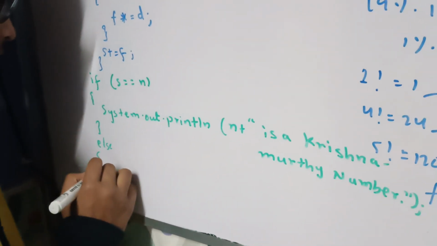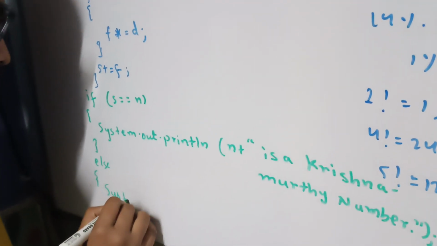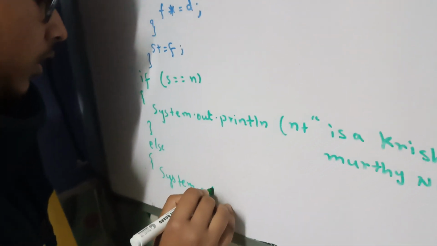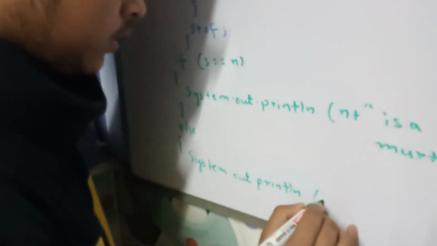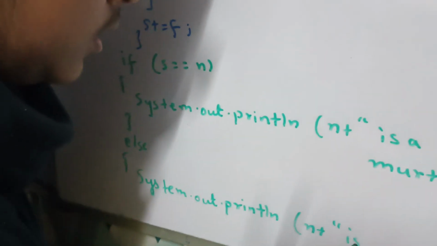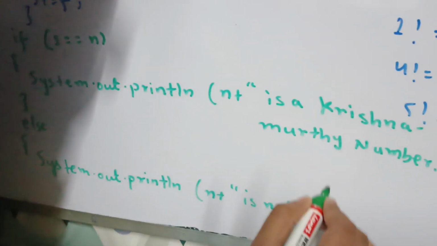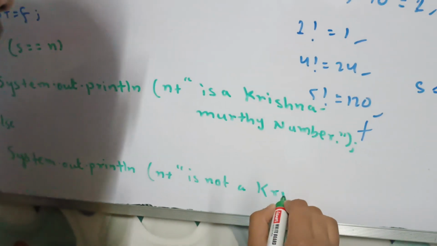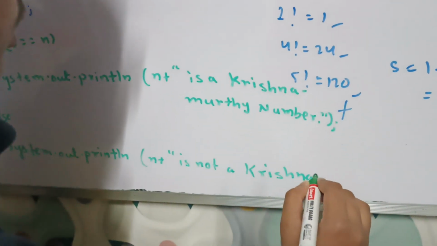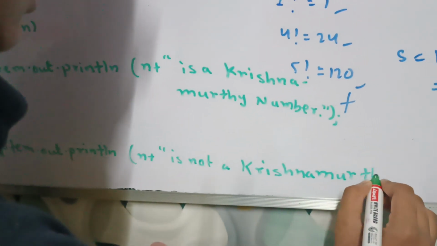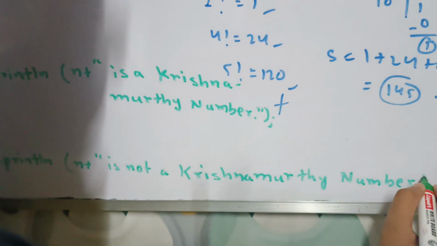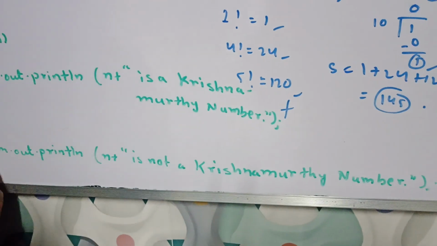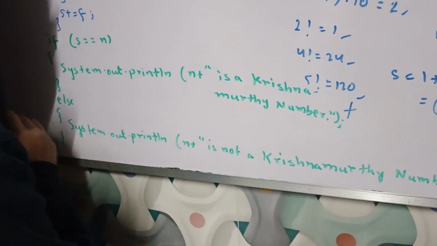Else we have to print System.out.println n plus is not a Krishnamurthy number, and here we end our program.